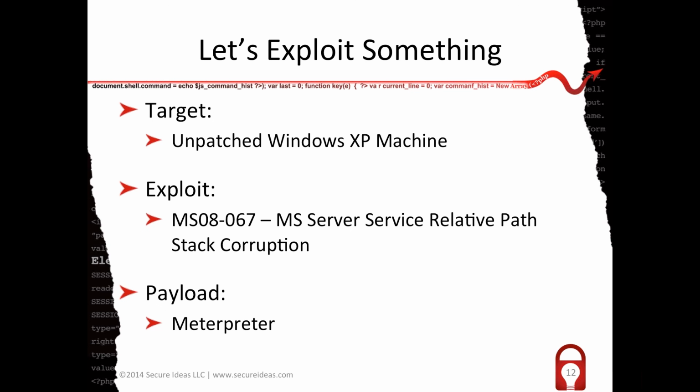So let's exploit something. Just as a demonstration, and partly because I already had it up and running, I'm going to use a Windows XP machine. Now, the first thing I know everybody's saying is, wait, nobody has those, right? Because they've been unsupported for well over a year, a year and a few months.